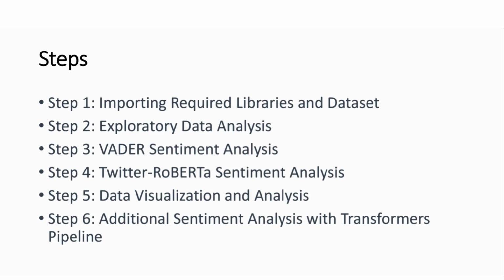Here we will install the transformers library and import the pipeline. We will use the pipeline to perform sentiment analysis on a sample phrase like I hate machine learning. Our expectation is that we will label this sentence into the negative class of the sentiment.